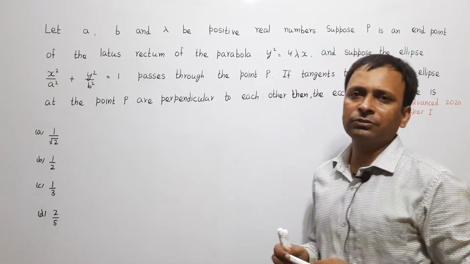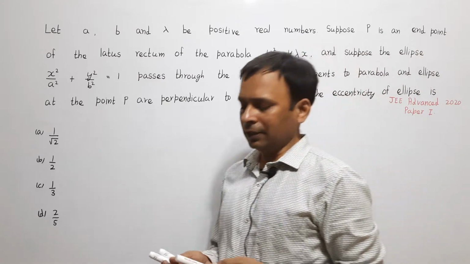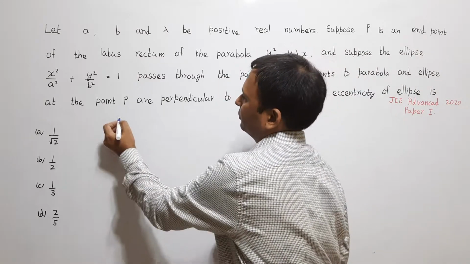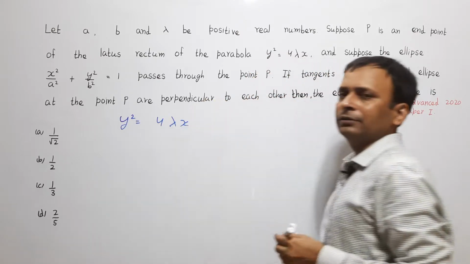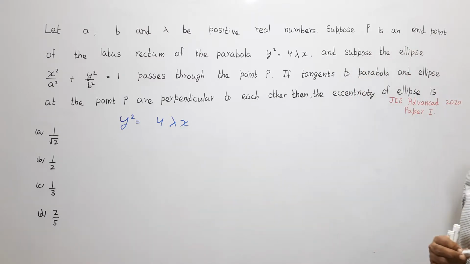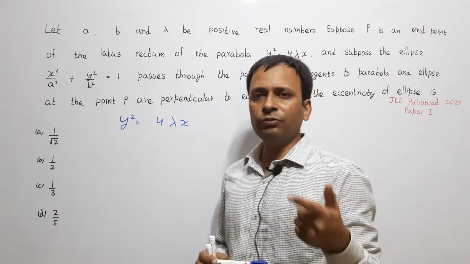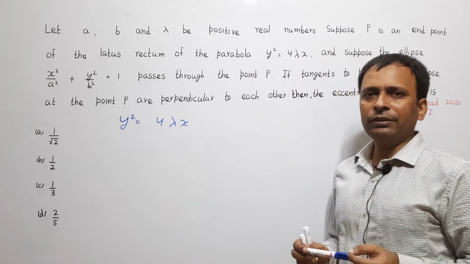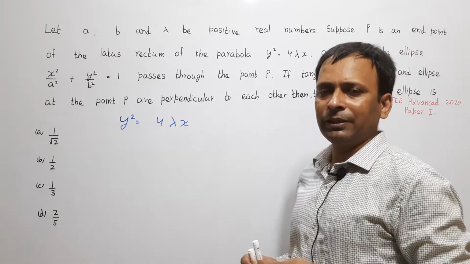So what exactly is the question? They have given us a standard parabola y square is equal to 4 lambda x. Now, for the standard parabola y square equal to 4ax, the endpoint of the latus rectum is given by a comma plus minus 2a.